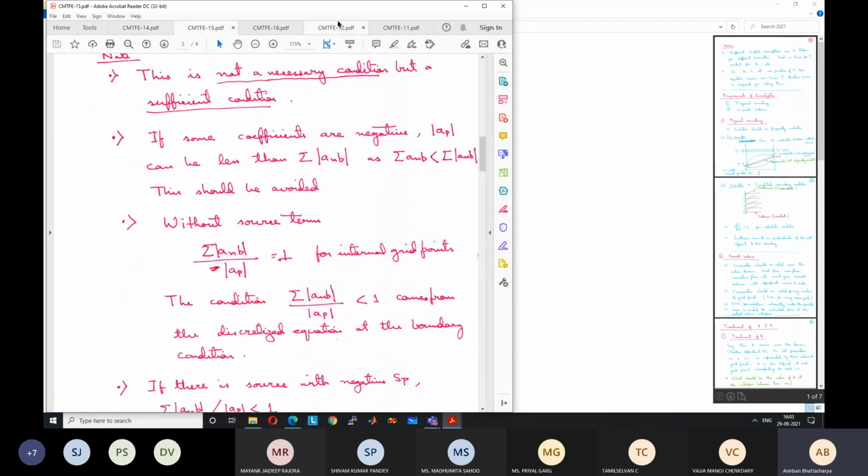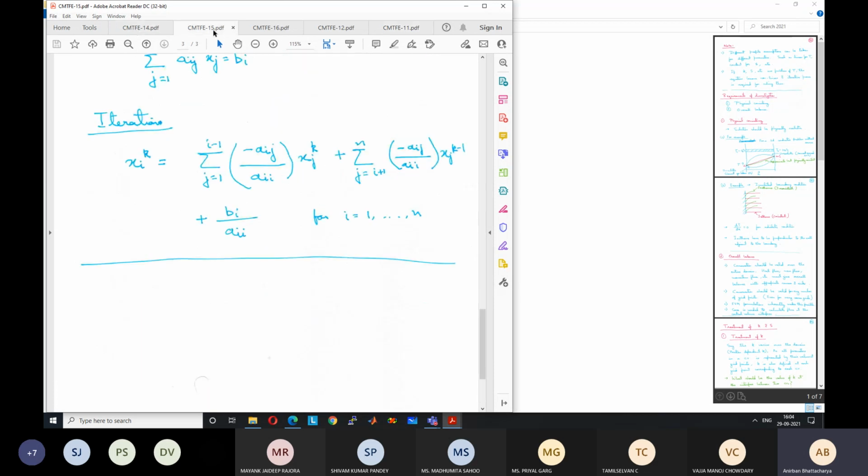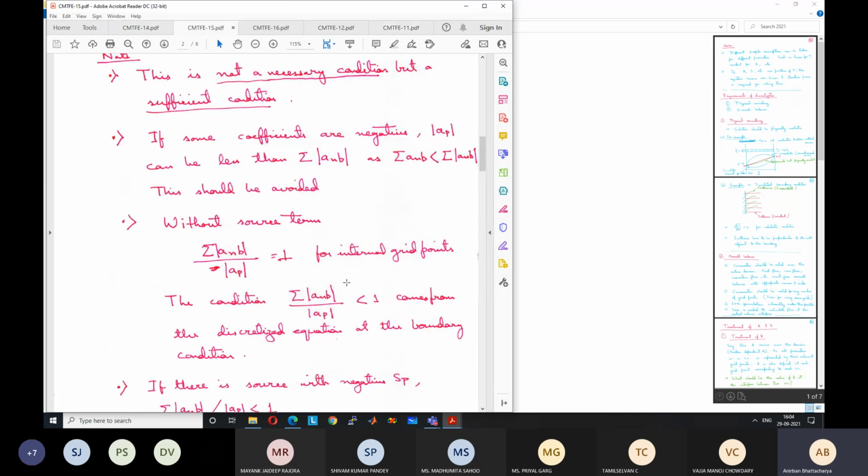If SP becomes positive, then there will be an issue because AP will be less than summation of AE plus AW. So mod of AP will be less than mod of AE plus mod of AW if SP is positive because we are deducting a positive term from this. So in that case, our Scarborough criteria will not be satisfied.